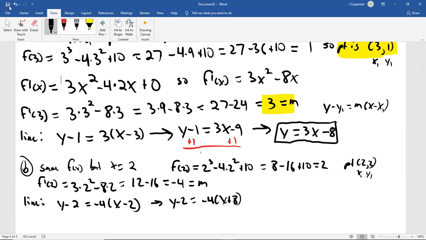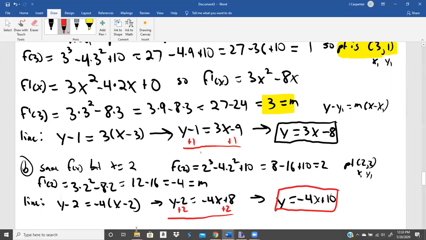Why did I have a parenthesis still there? That's my bad. -4x plus 8. I'm trying to rush. Add 2 to both sides. You get y equals -4x plus 10. Again, if you don't have to show this little detail, nobody's going to care in calculus. So here's our line.